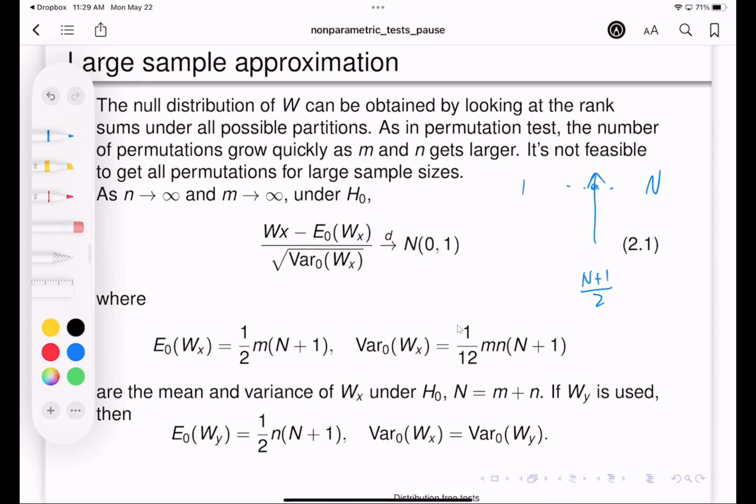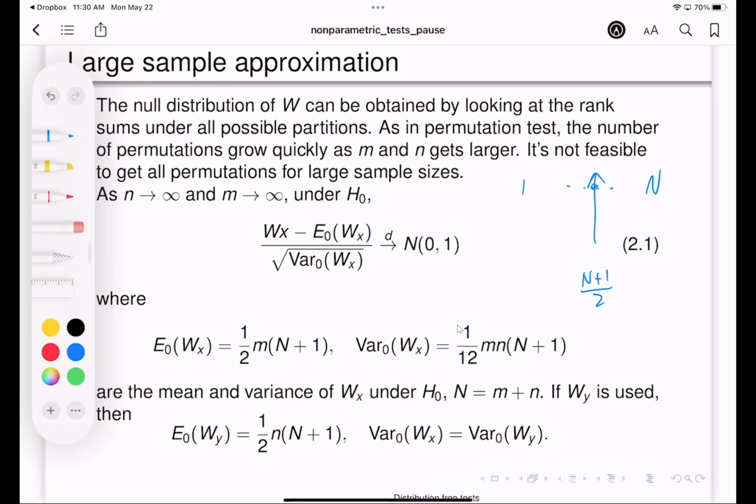Again, it's because the ranks 1 to N are each equally likely. This is the discrete uniform distribution's variance. So that's the mean. If you consider the sum of the ranks in the Y sample, it's similar, we simply change the mean.